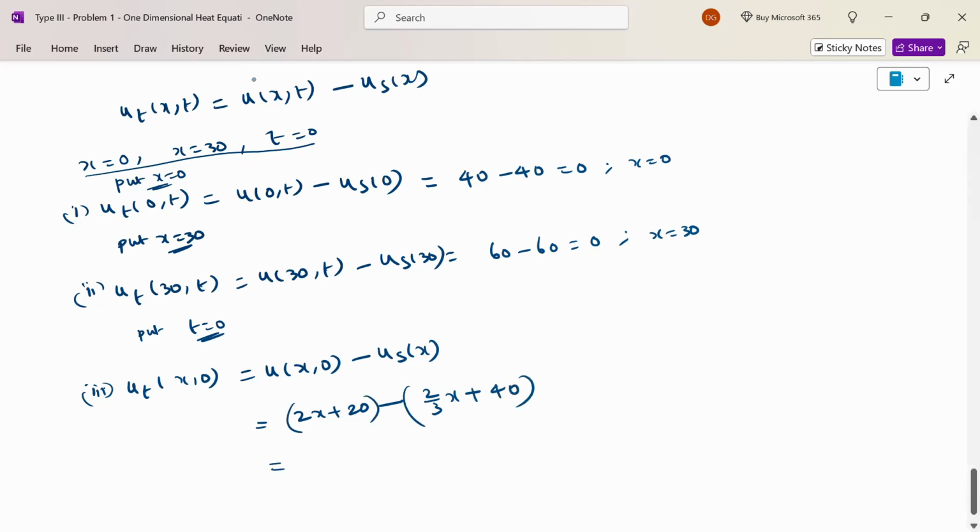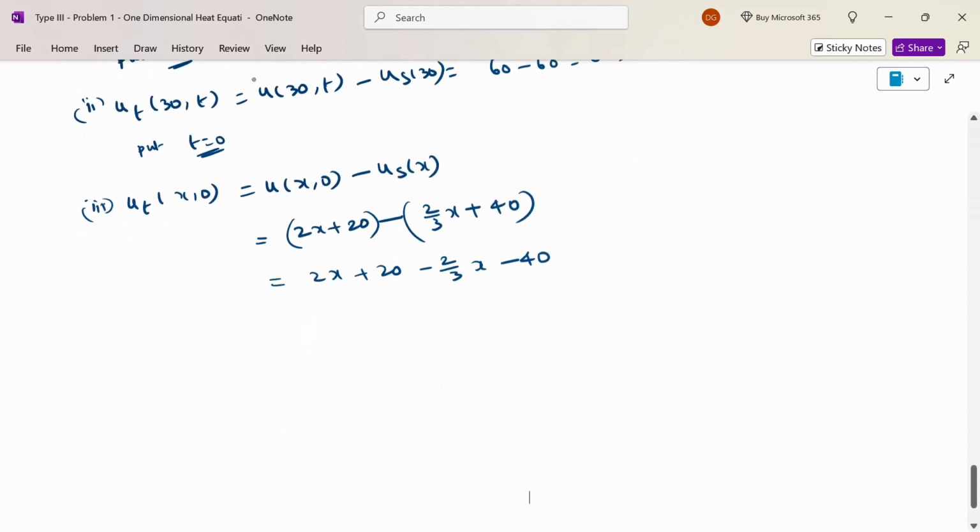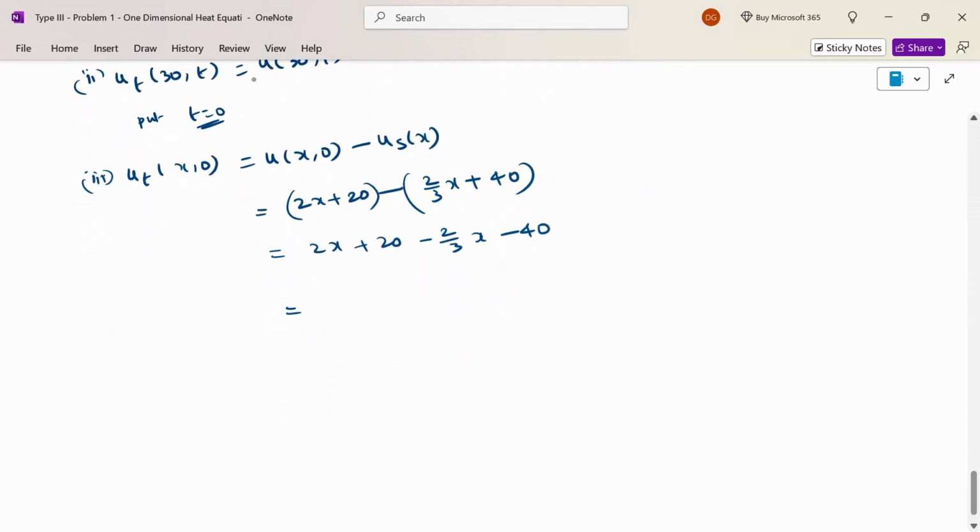Now simplify this: 2x plus 20 minus 3 by 2 x minus 40. When I simplify this, 4 minus 3 gives x by 2, so x by 2 minus 20 when t is 0. So this is our third condition.